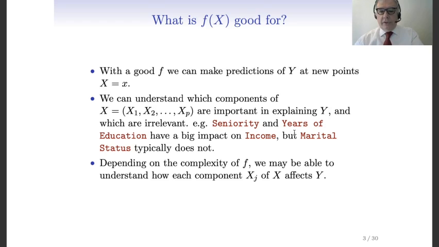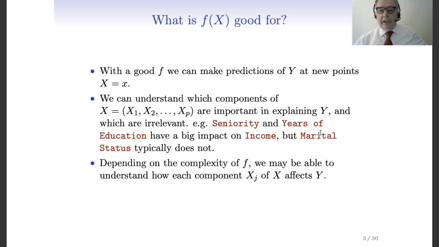And this is another example. I could study the income of people, and the idea is that the income of some guy should depend on seniority and also years of education. And we can think that this is going to have some impact, a big impact actually.